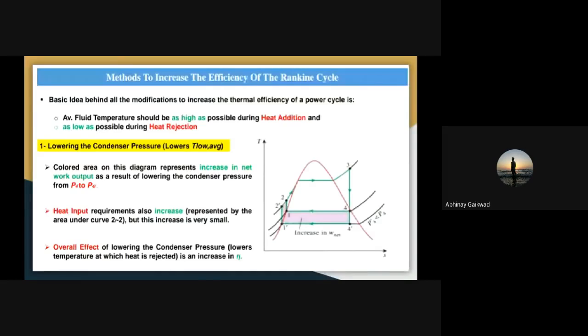So by lowering the condenser pressure you can increase the efficiency, or by increasing the average temperature at which heat is transferred to the working fluid. That is another aspect that I'm going to explain. Now first I will explain this point, lowering the condenser pressure.